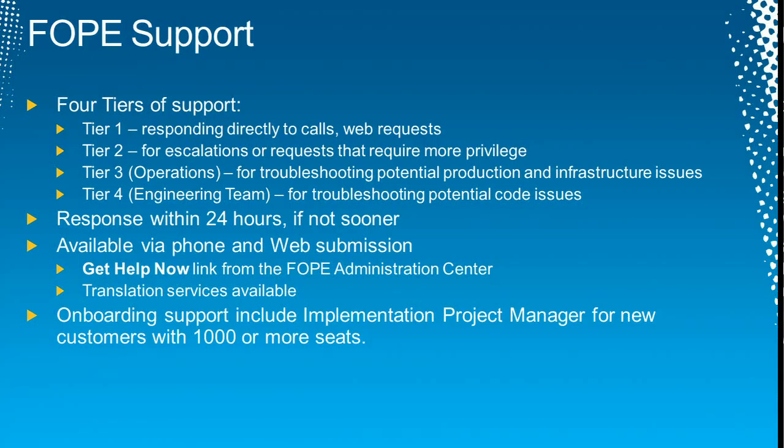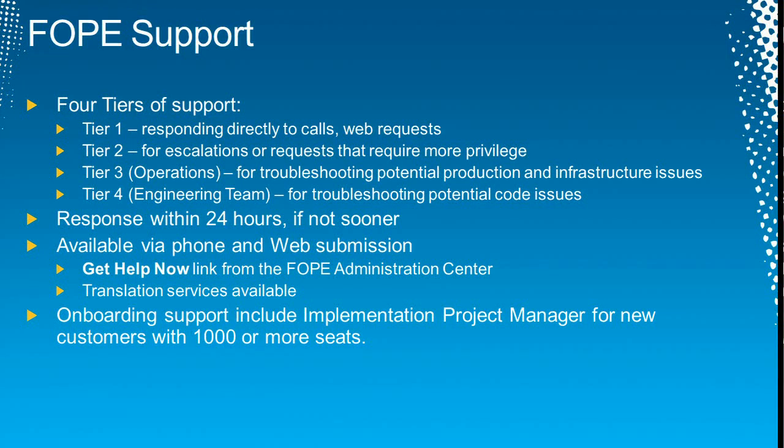Tier 3 is our operations team, the folks that actually run and maintain the service, and they'll also respond to troubleshooting of problems that are potentially production or infrastructure issues, or requests from Tier 2 to do some data mining on behalf of a customer and get more insights into a customer issue. And Tier 4 is dev, test and PM. PM is in the room. The whole engineering team is part of that support structure.